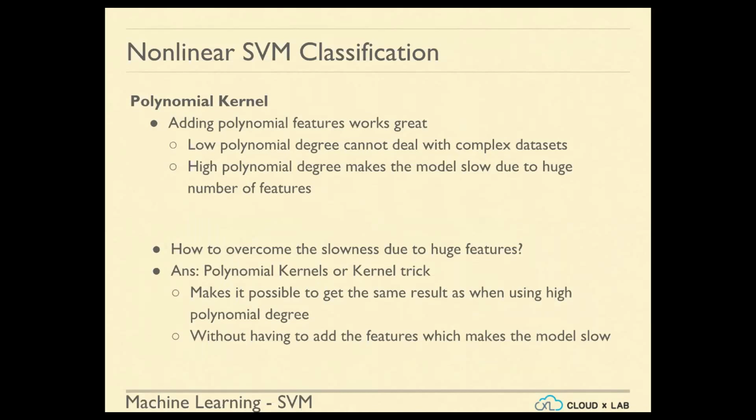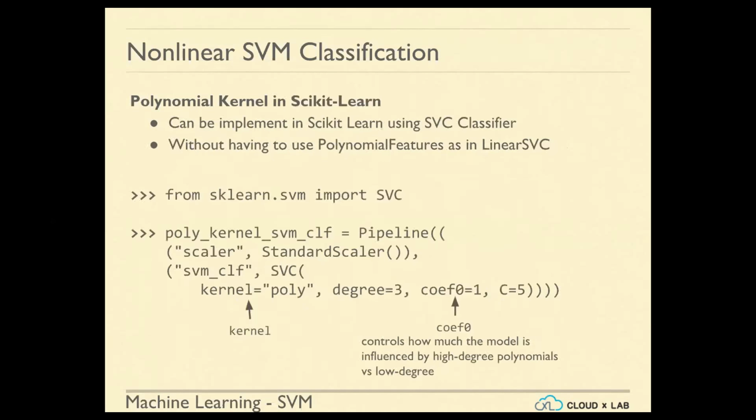A low polynomial degree cannot deal with complex datasets, and a high polynomial degree makes it work, but the model becomes slow because there are many features. In such cases, we use the kernel trick, which makes it possible to get a similar result as with a high polynomial degree. We use SVC and pass an argument called kernel equals poly, and then pass the rest of the arguments.